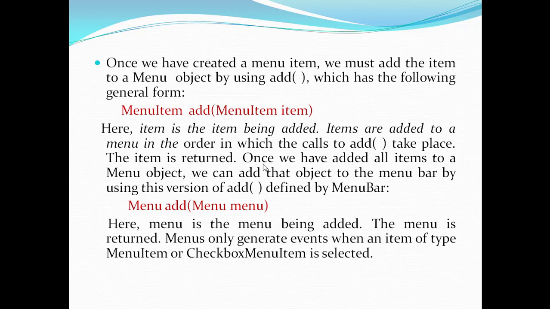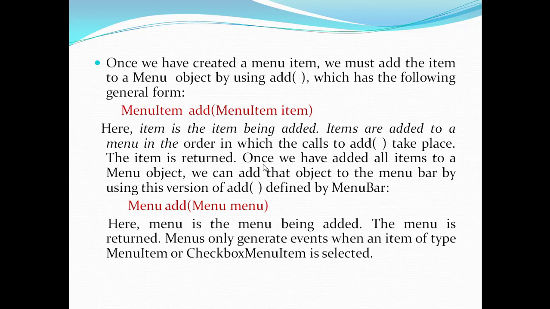Here item is the item being added. Items are added to a menu in the order in which the calls to the add method take place. The item is returned once we have added all items to a menu object.